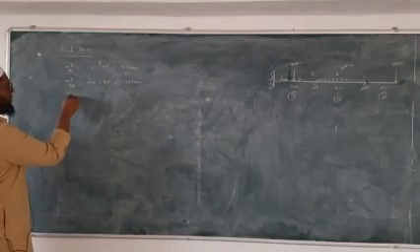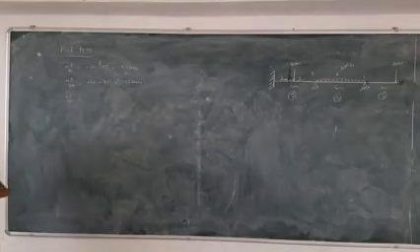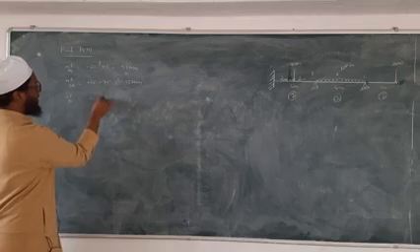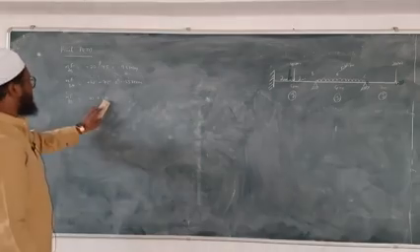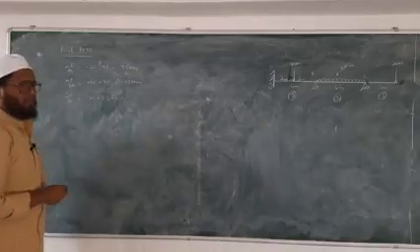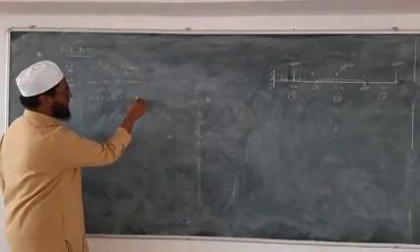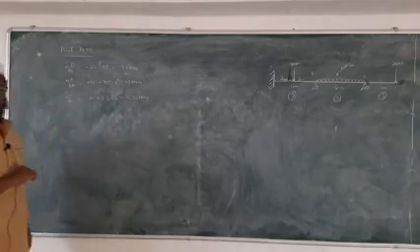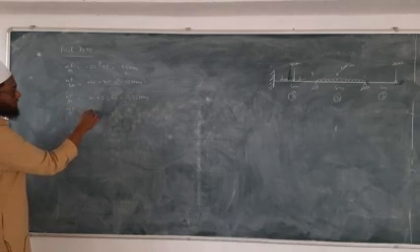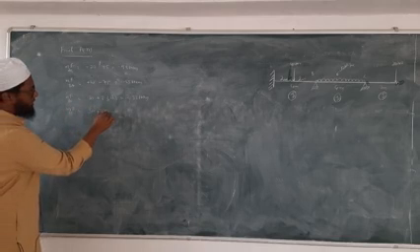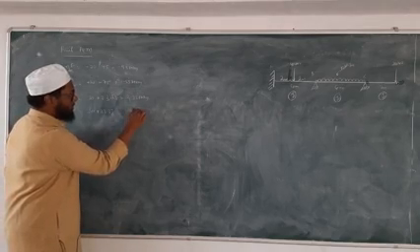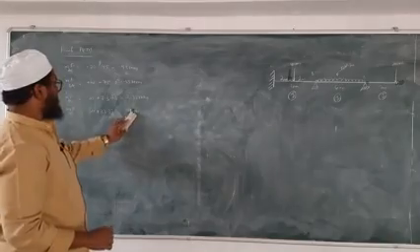Next, MFBC is equal to how much? Minus 30 plus 33.33. How much? 3.33 kilonewton meter. Next, MFCB is equal to 66.60.